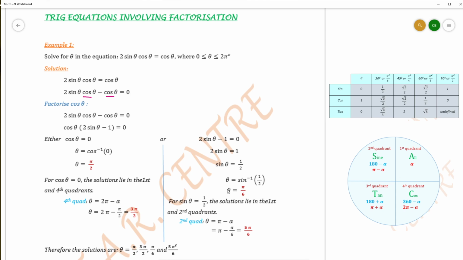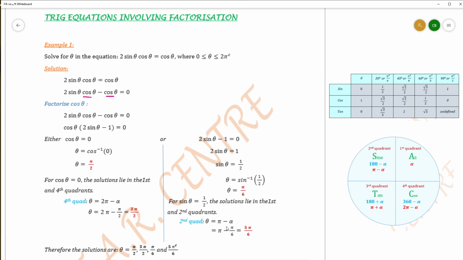So since we have sine inverse of a half, which is a positive number, the solutions will lie in the first and second quadrants, since these are the two quadrants where sine is positive. So pi over 6 is our principal solution, or our first quadrant solution, and then for our second quadrant we are using the formula here, pi minus alpha.